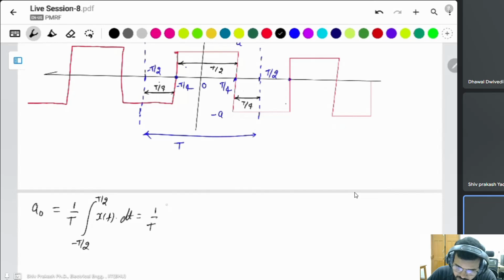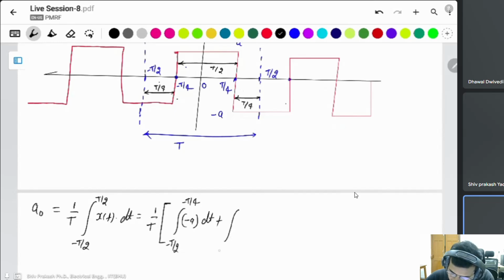the common integration of minus T by 2 to minus T by 4. Minus T by 2 to minus T by 4 is the minus of A, minus A dt, plus the integration from minus T by 4 to plus T by 4, you can say.